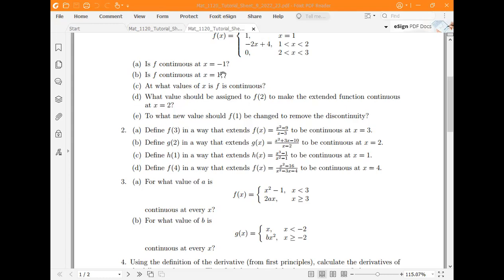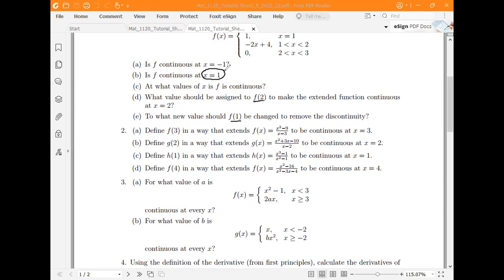These two questions are different. This was f of 2, then there's f of 1. F of 2 was giving us 0. F of 1 was giving us 1. And we answered the continuity of f of 1 here.